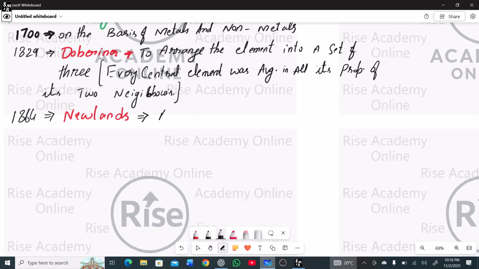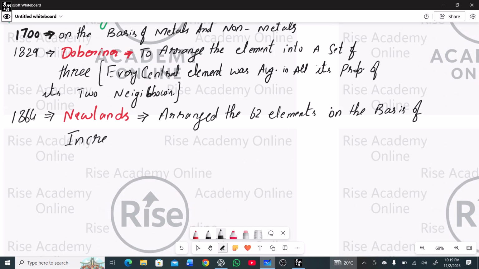He arranged the elements (62 elements were known at that time) on the basis of increasing atomic mass.